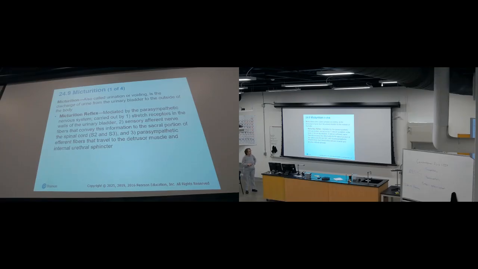In the wall of the urinary bladder we have stretch receptors that send action potentials as the bladder is distended, as they sense the pressure. These stretch receptors are connected to sensory afferent nerves that bring the information into the spinal cord at the level of the second and third sacral nerves.